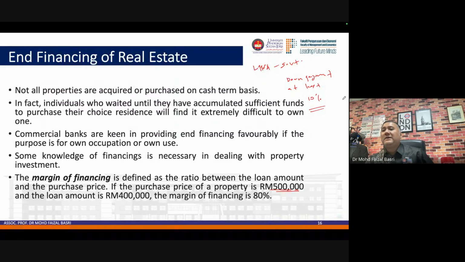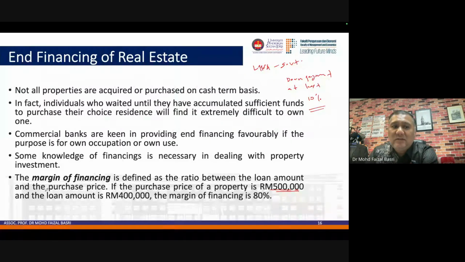So kalau rumah tu 500,000, so 10% of 500,000 is 50,000 ringgit. So meaning as a buyer, you kena keluar your own money 50,000 ringgit first. Right? So the balance dia 450,000 kan. Kalau 500,000 tu 10% is 50, so the 90% is 450.